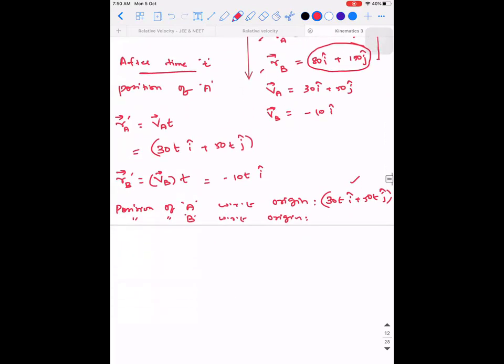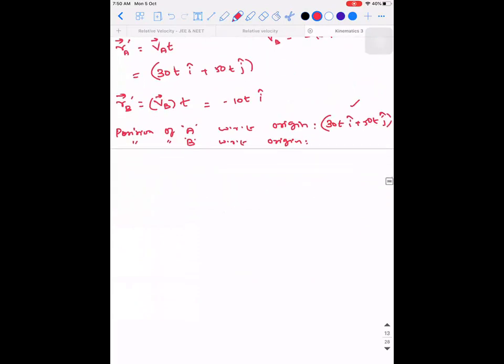It will be the final position vector minus the initial position vector. Visualize it, guys. This was the initial position of B. Accepted?